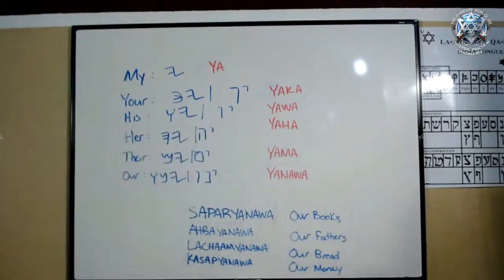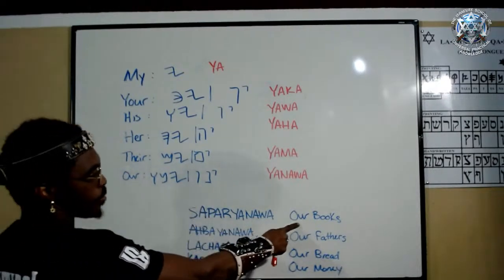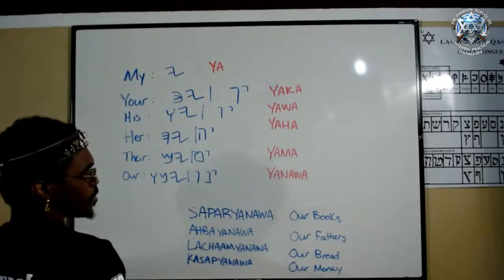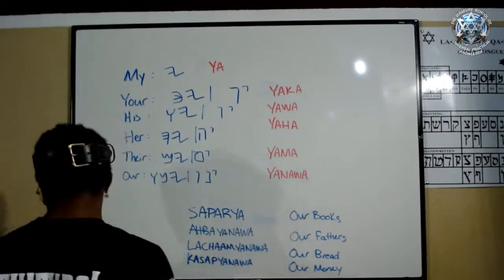Our money is kasab, you know. Okay? So now if I want to change this word, the hour, all I would have to do is take off the "now" in each one.